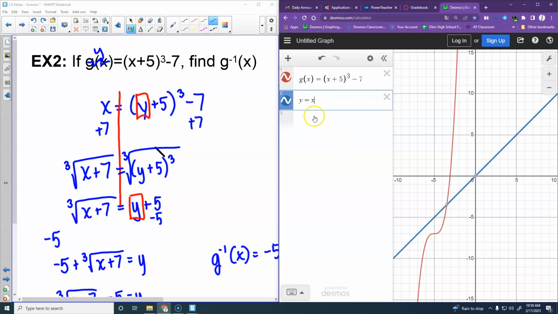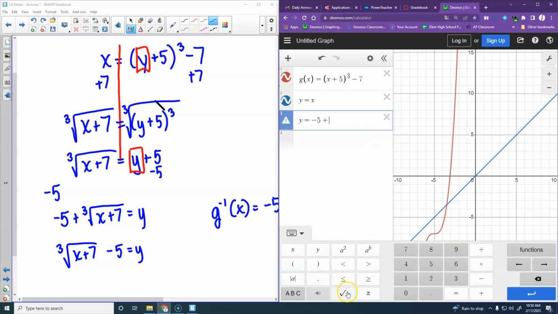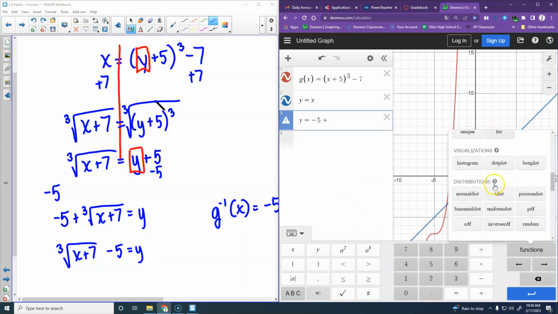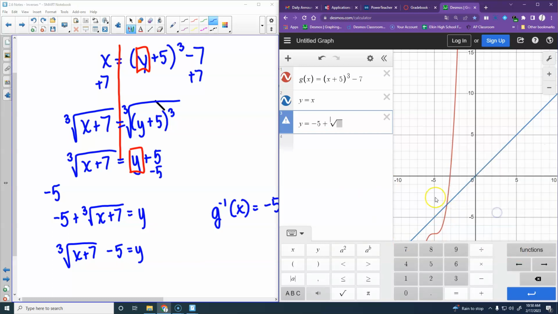And then if I type in my inverse, y equals -5 plus the cube root of x plus 7.